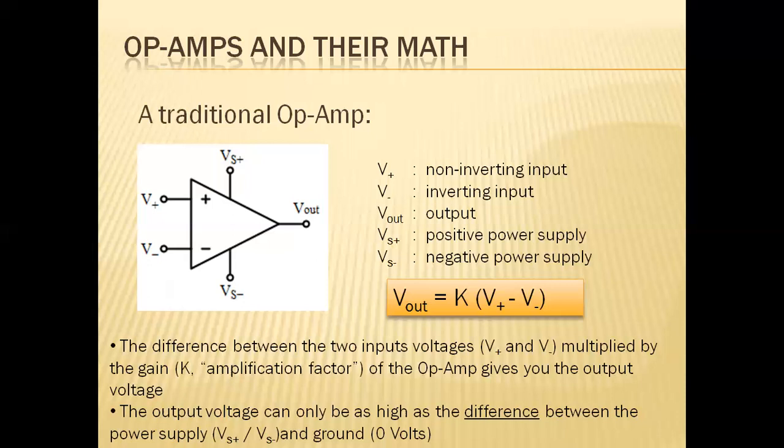Hence, the output voltage is the product of the amplification factor and the difference, K into V plus minus V minus. And this output can only be as high as the difference between the power supply, positive to negative, with respect to the ground connections.